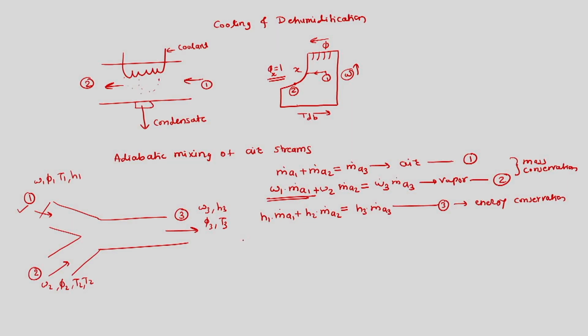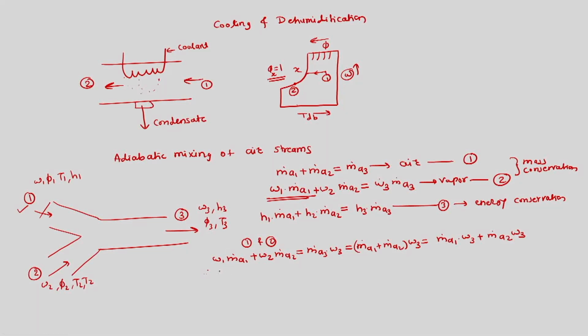Let us take equation 1 and 2. So we can write down omega 1 into m dot A1 plus omega 2 into m dot A2 gives us m dot A3 into omega 3, which is equal to m dot A1 plus m dot A2 into omega 3, which is m dot A1 omega 3 plus m dot A2 omega 3.